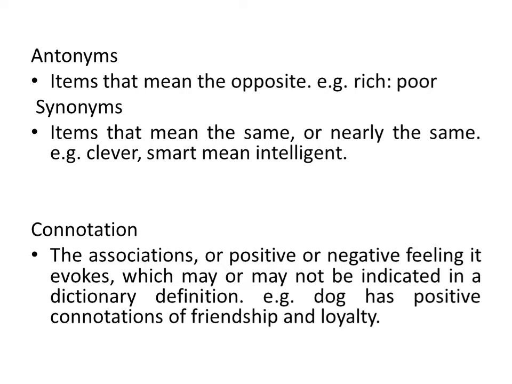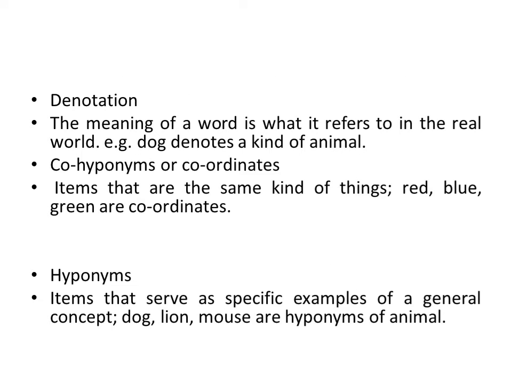Another aspect of meaning is connotation, which refers to the association or positive or negative feeling a word evokes, which may or may not be indicated in a dictionary definition. For example, dog has positive connotations of friendship and loyalty. Denotation, the meaning of a word, is what it refers to in the real world. For example, dog denotes a kind of animal.